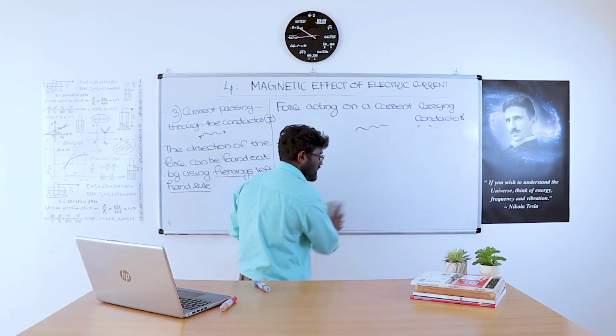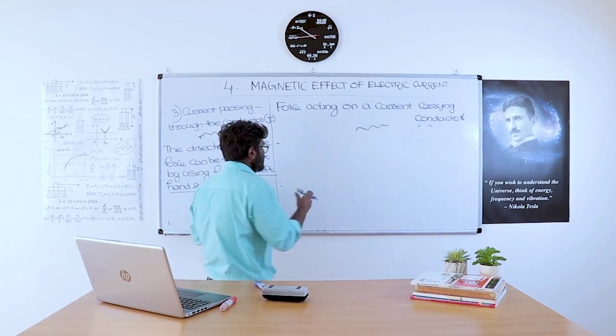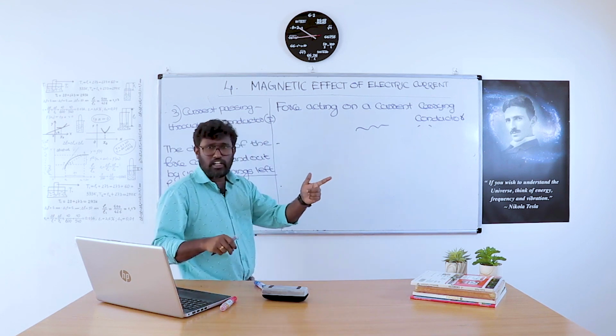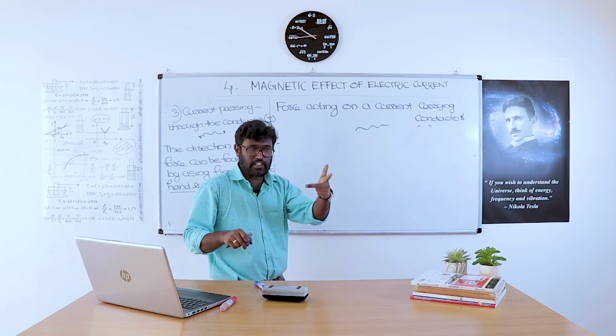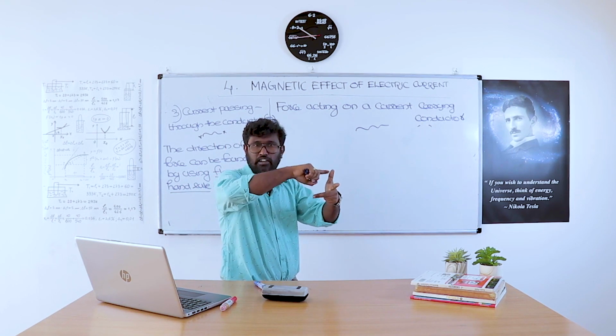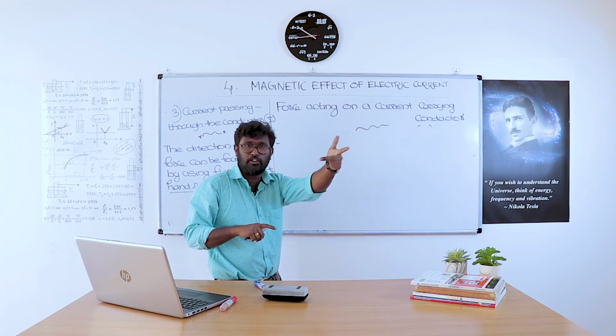According to Fleming's left hand rule, stretch the forefinger, middle finger, and thumb of the left hand in mutually perpendicular directions.